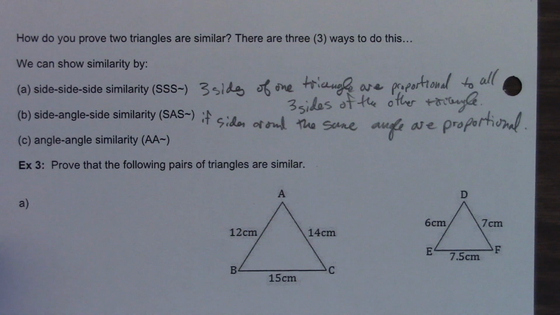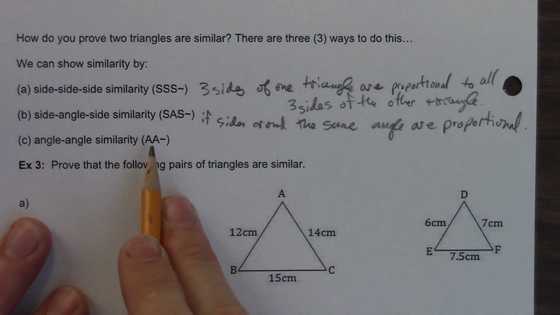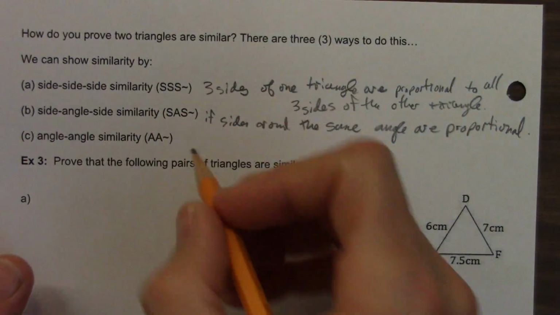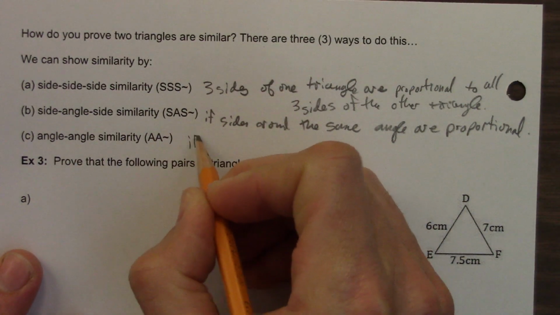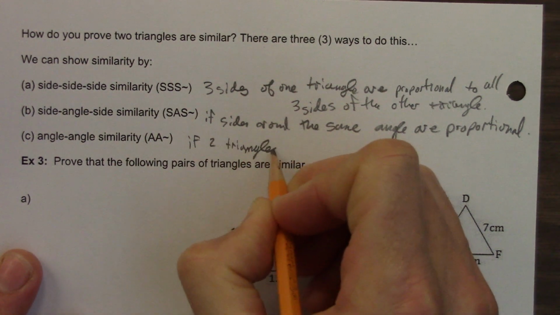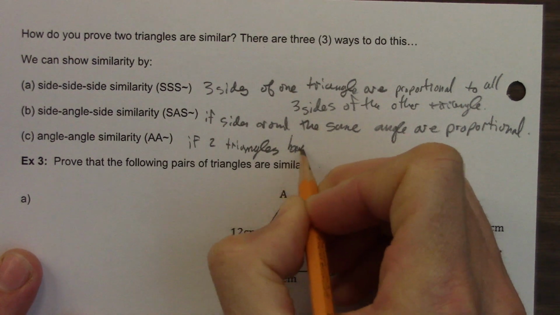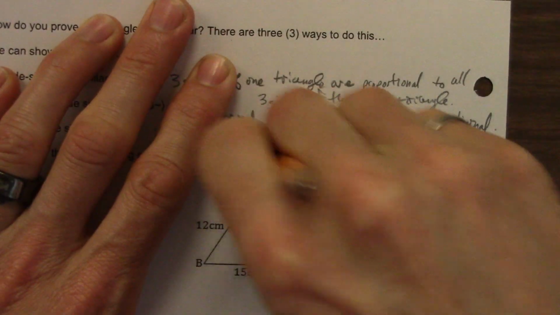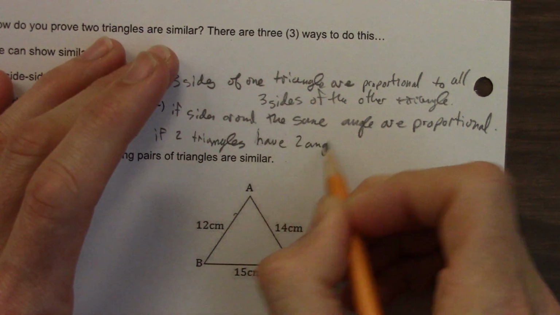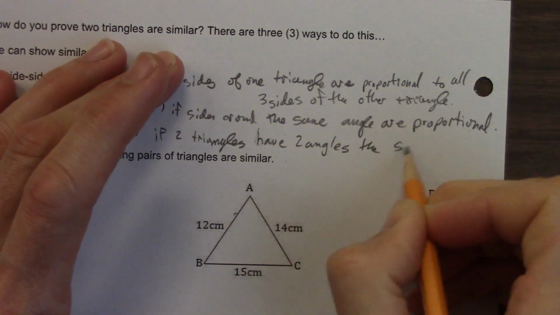And the last one is if we have two angles that are the same. Obviously, if two angles are the same in a triangle, the third angle is going to be the same, right? Because all triangles have a sum of 180. So if two triangles have two angles the same.